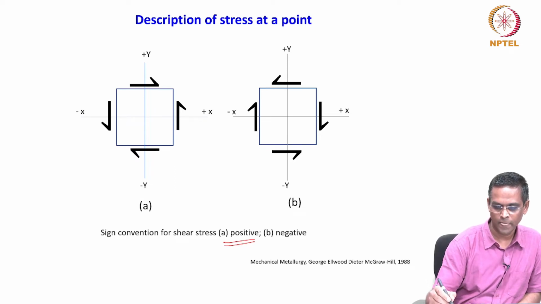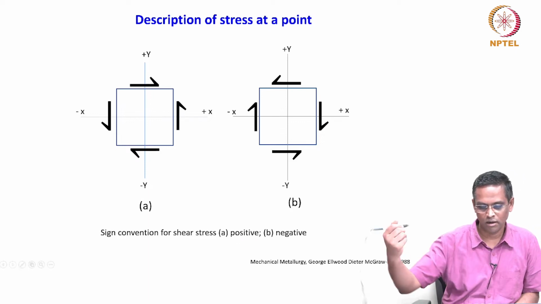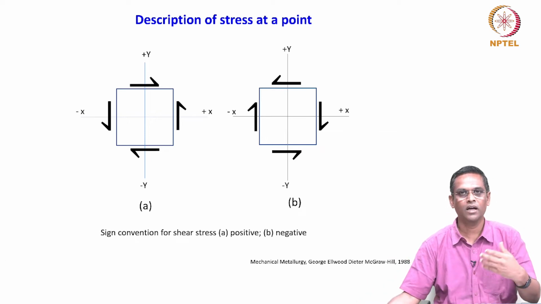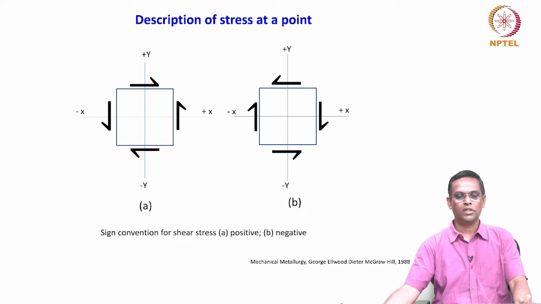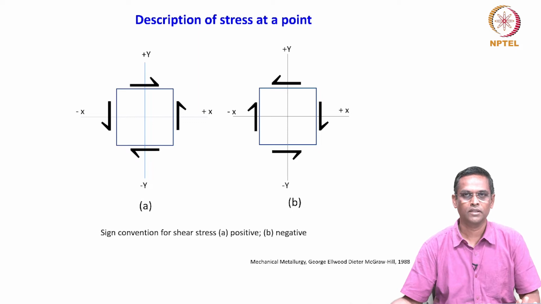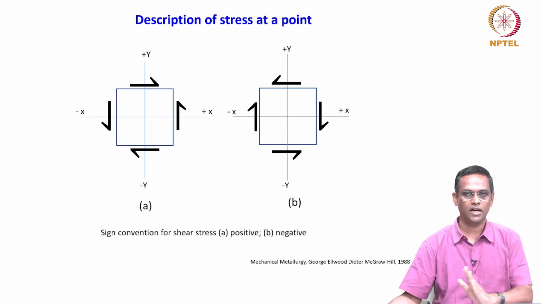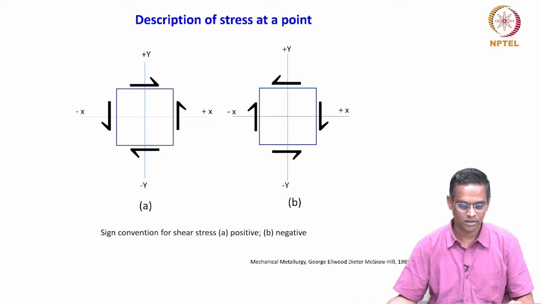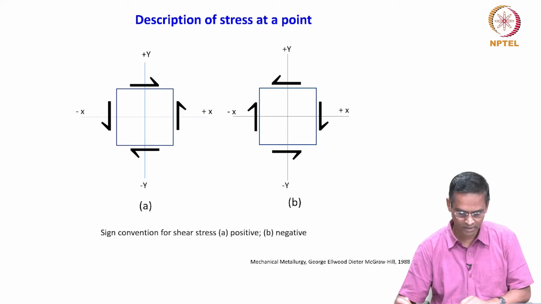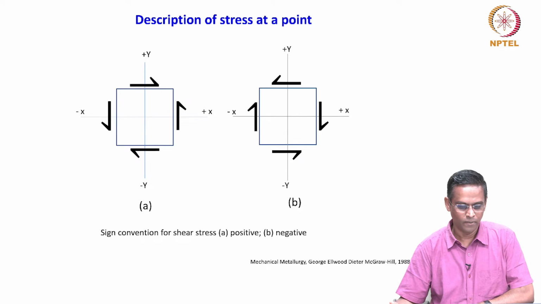So similarly, here it is the negative. So these shear stress notations are useful when you try to do some calculations or describe the state of stress and then try to calculate a transformation of stress. All these things are useful. So these are some of the basics we need to know.